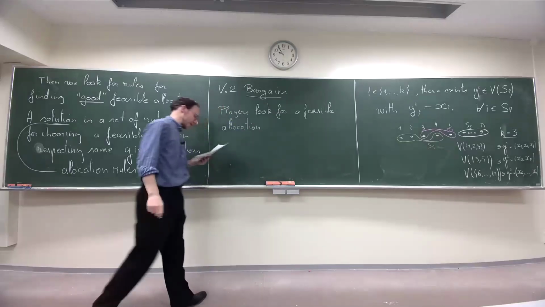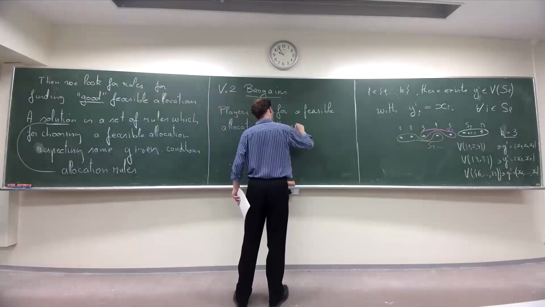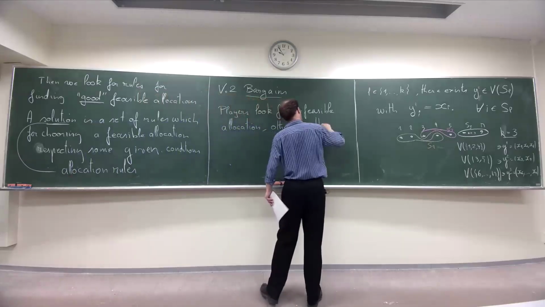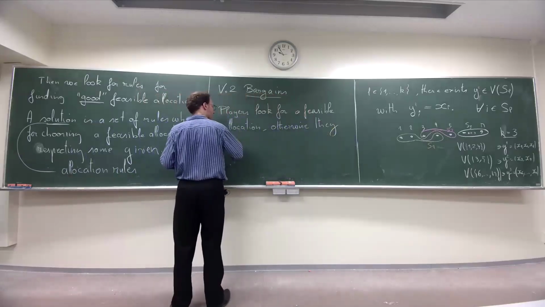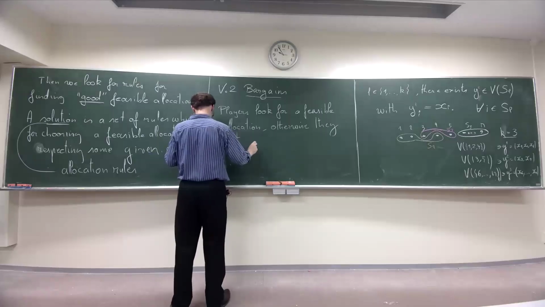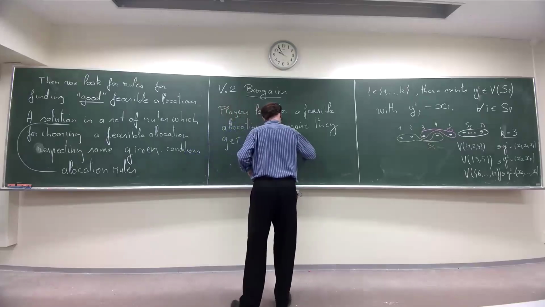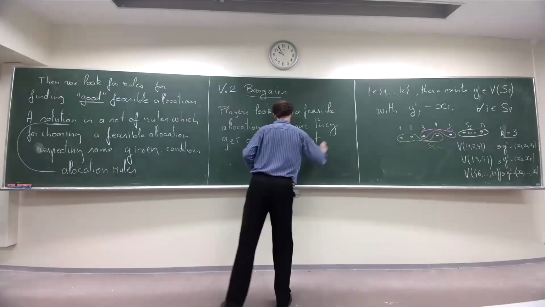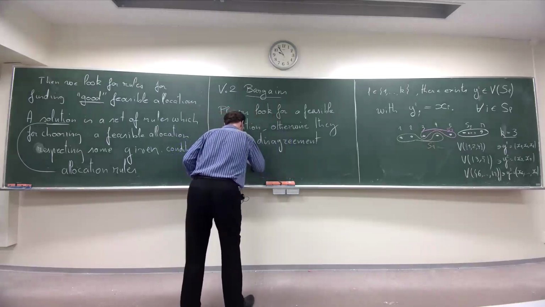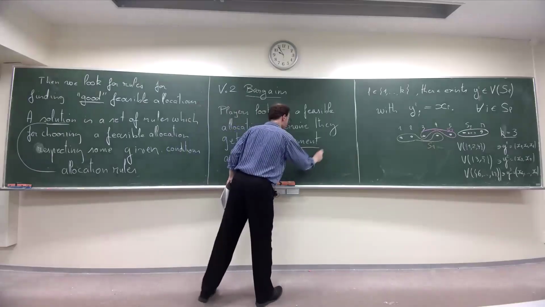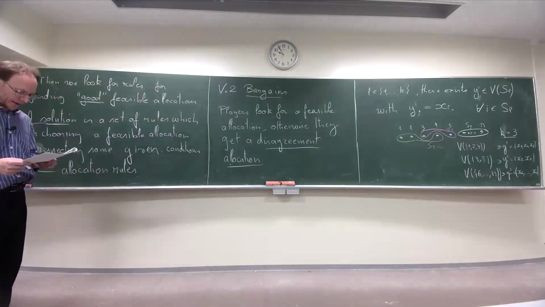They look for one satisfying, and otherwise, if they cannot get a feasible one, they get what is called a disagreement allocation, which is fixed from the very beginning. So if they cannot get any feasible one, they get one which is prescribed. This is a kind of worst scenario.